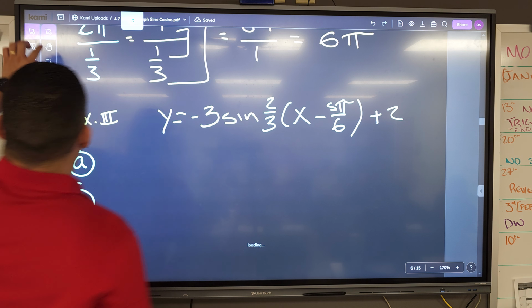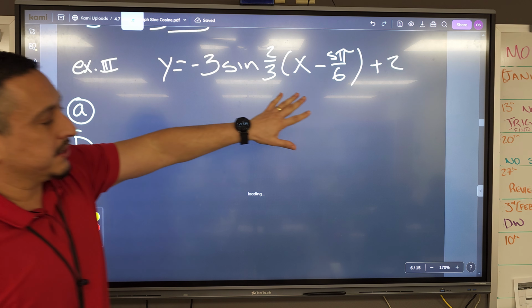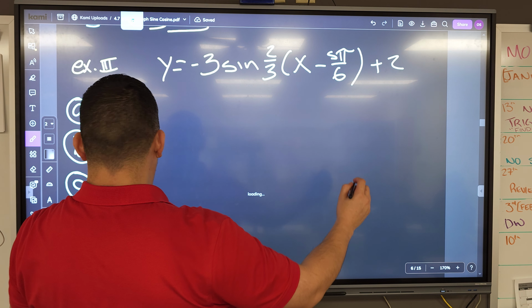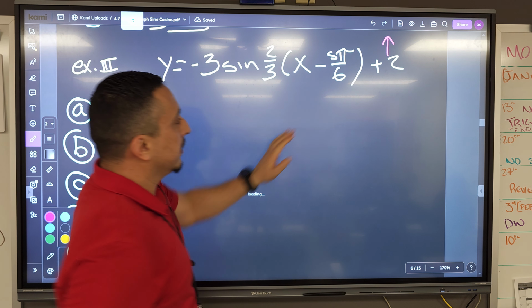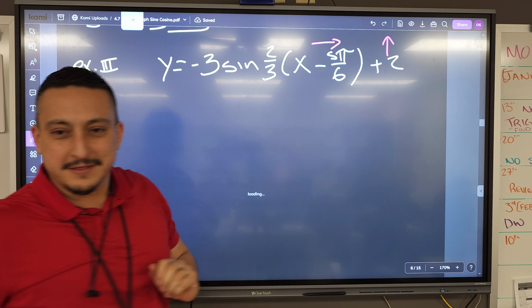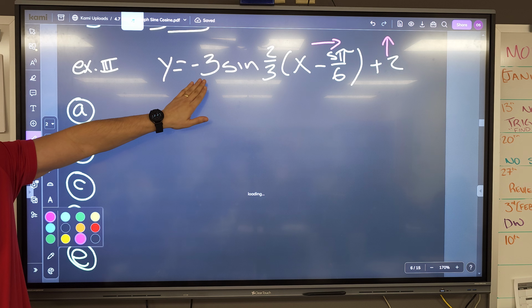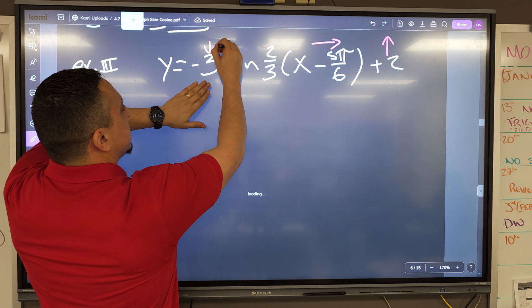Okay, here we go. Let's do the transformations. So, up 2, this is a what? Right, all that stuff. And then the 3, vertical stretch.